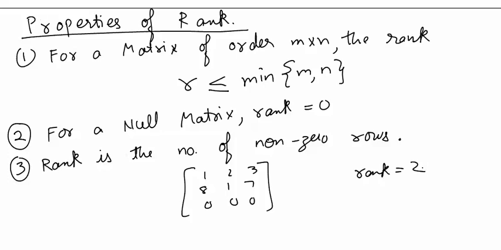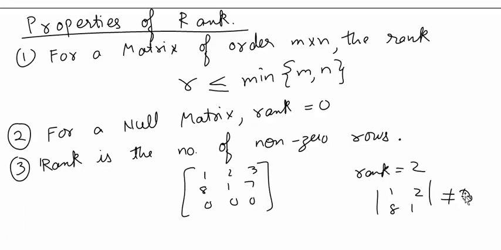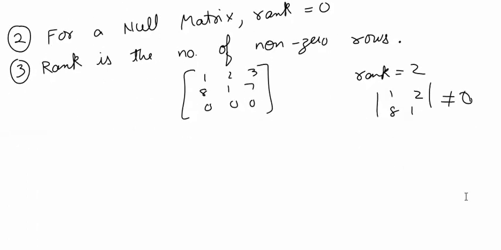So we have to go to rank 2, and there is a determinant of 2 cross 2, let's say 1, 2, 8, 1. This is not 0. So the rank is 2, right? So this is how you can determine the rank, and you can say this is a property: rank is the number of non-zero rows. So I can directly say that the number of non-zero rows here is 2. That is why the rank would directly be 2, right?